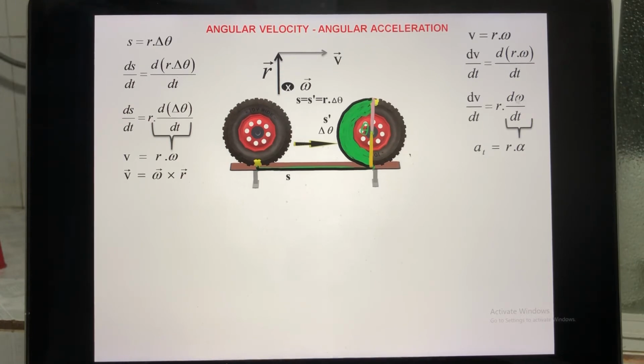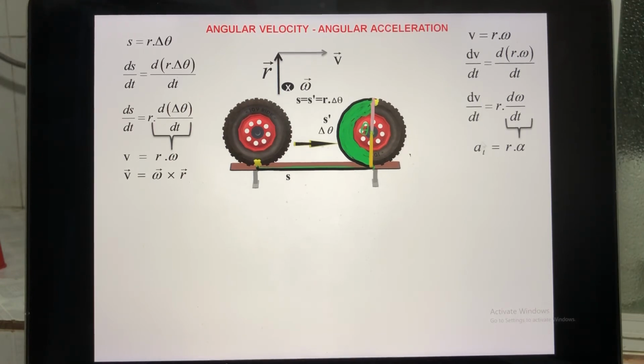The same, how do you define the unit of the angular acceleration? It is the unit of angular velocity divided by time, and the unit of angular velocity is radian over second. And one more time, you divide by second, so you have radian over second squared. Here is the unit of the angular acceleration.